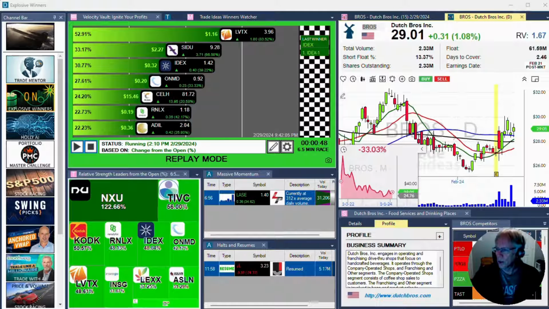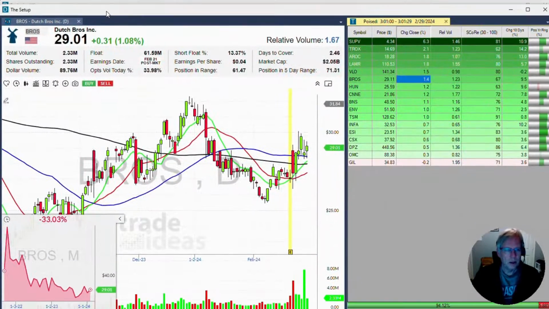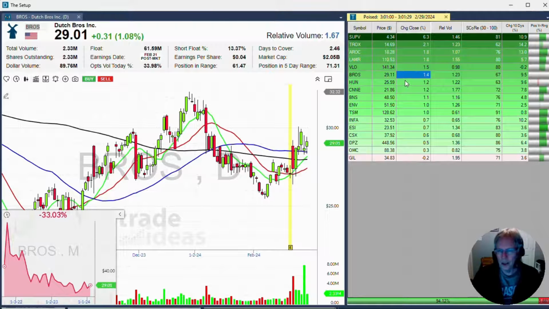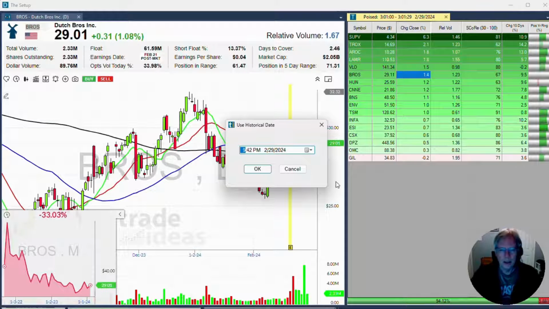I mentioned one last week, and let me drag this over here, it's called Poised. These are stocks that are poised for a potential move to the upside. I want to go into yesterday after the close. We have a time frame where we can look at historical data.